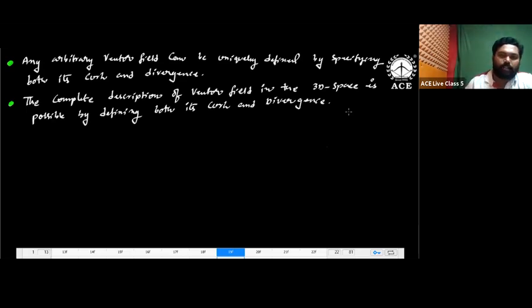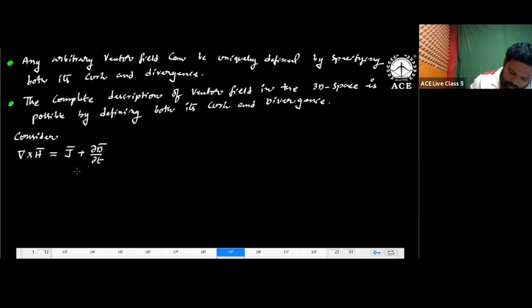Now let us consider Maxwell's equations. Why are these Maxwell's equations such popular equations? The first Maxwell equation: del cross H is equal to J plus dou D by dou t.